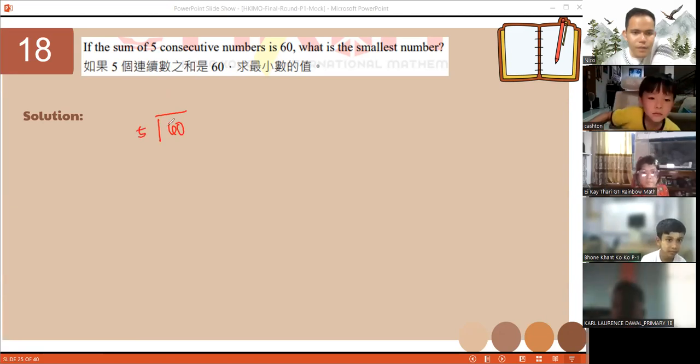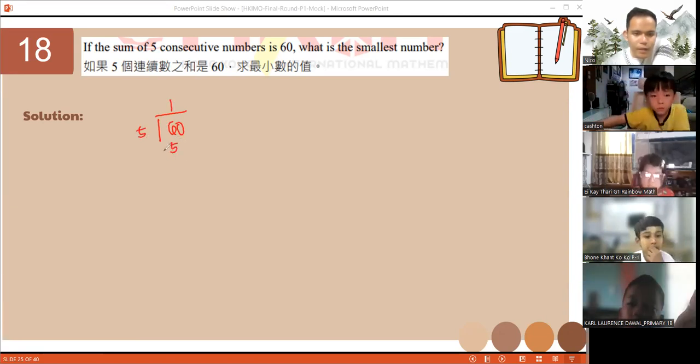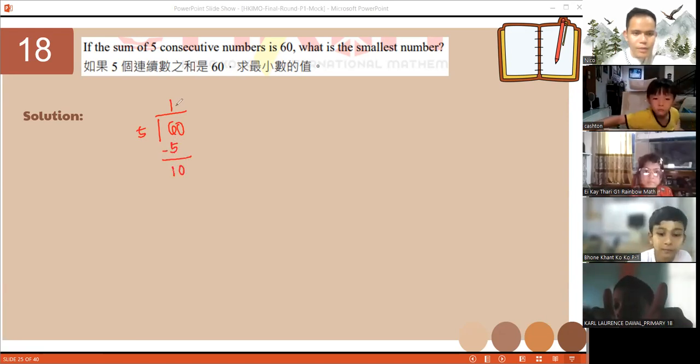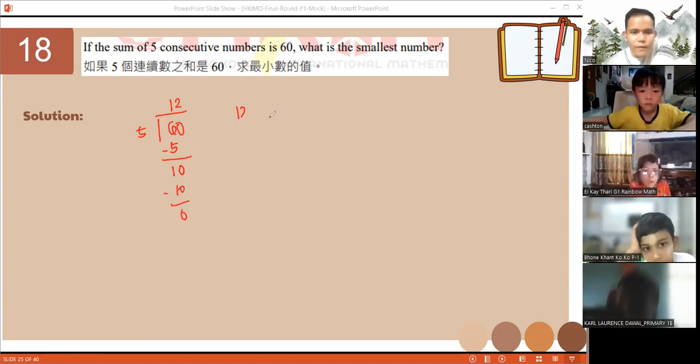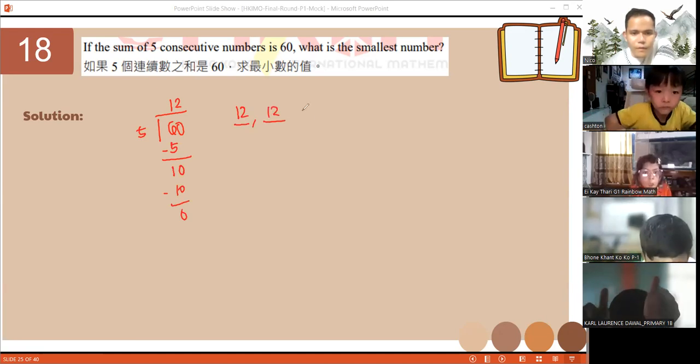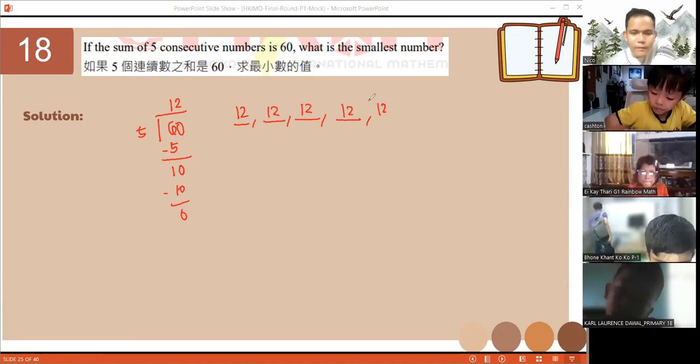So 6 divided by 5, you're going to get 1. So write 5 here. Then 6 minus 5 is 1, so bring down 0. So 10 divided by 5 is 2. Okay, so that means it's 12, 12, 12, 12, and 12, right?